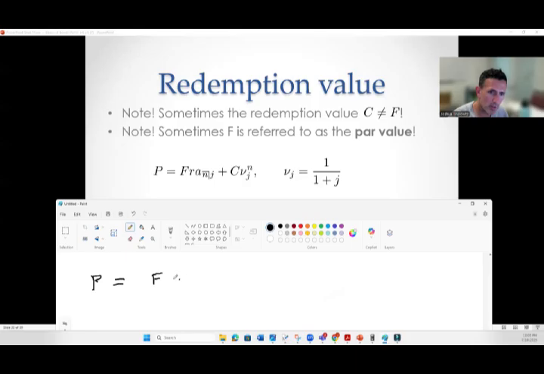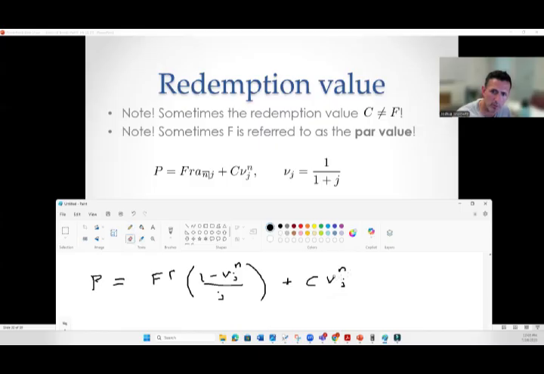So FR times 1 minus Vj to the N, writing out what FR A and J is, over J, plus C Vj to the N. We can talk about using Makeham's formula.